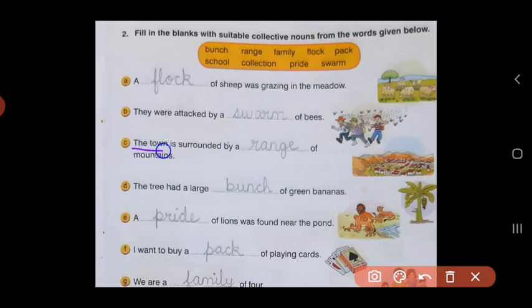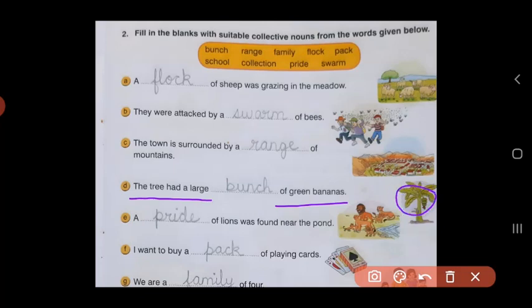C. The town is surrounded by a dash of mountains. When there are mountains all along in a group, we call it a range of mountains. D. The tree had a large dash of green bananas.